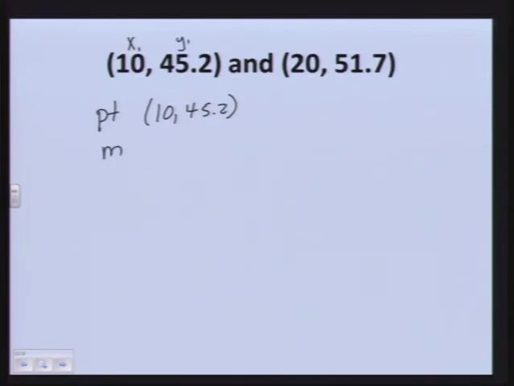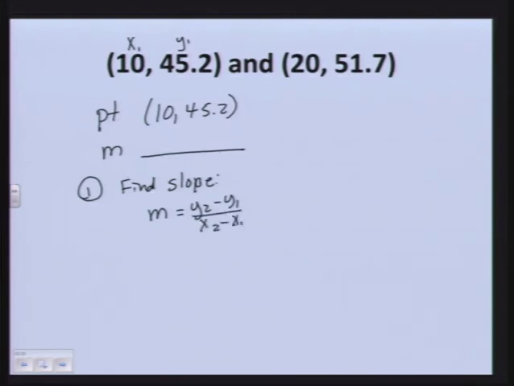I need a slope next. So first thing I have to do before I write the equation is find the slope. Now, if you remember our slope formula, m equals y sub 2 minus y sub 1 divided by x sub 2 minus x sub 1.